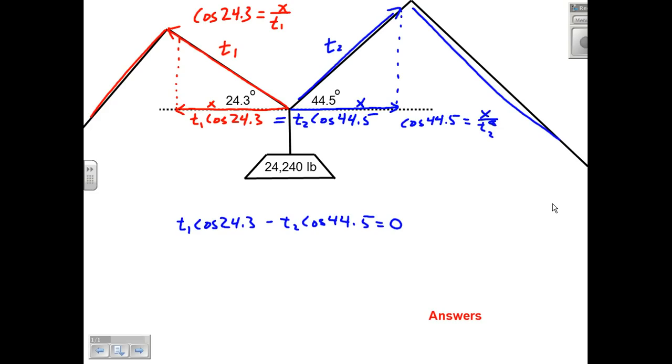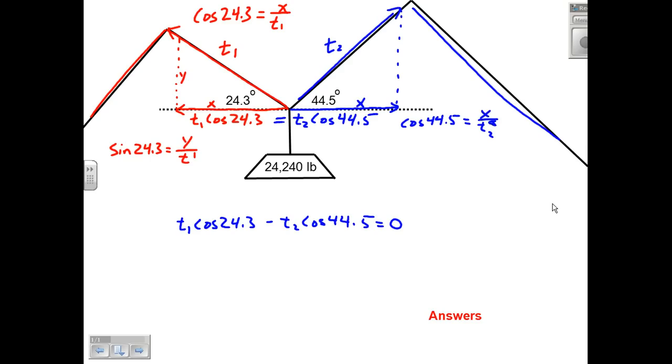Let's talk about the vertical component. On our tension 1, our crane 1, let's temporarily call this Y. And now I'd like to talk about that in terms of T1. So from 24.3, I'm now talking about Y, my opposite. I'm interested in utilizing my hypotenuse. That, of course, is sine. So we get sine of 24.3 equals Y on T1.